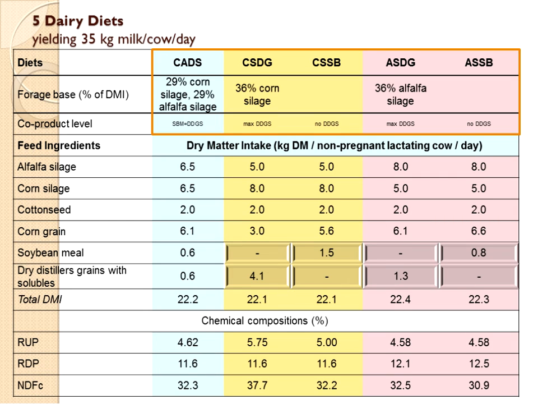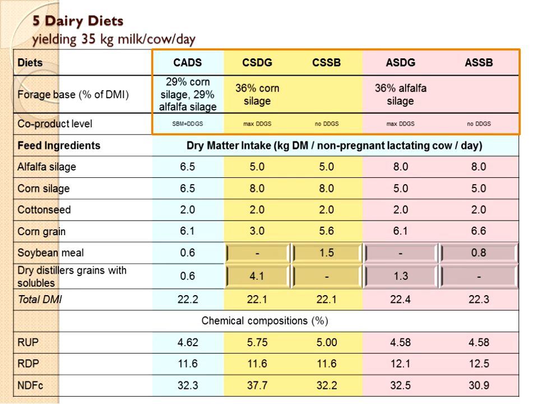So what we did is we looked at 5 different dairy diets, and tried to pick diets that, on the one hand, were representative of the way people are feeding dairy cows today, particularly in Wisconsin. We were also looking for differences in dairy diets that we thought might have substantial environmental consequences.